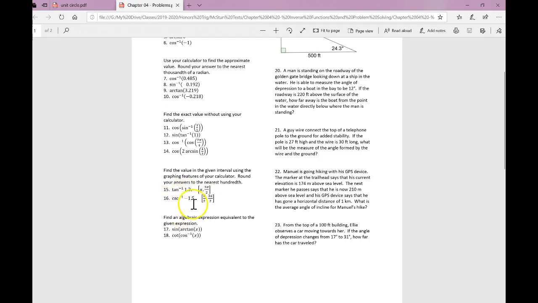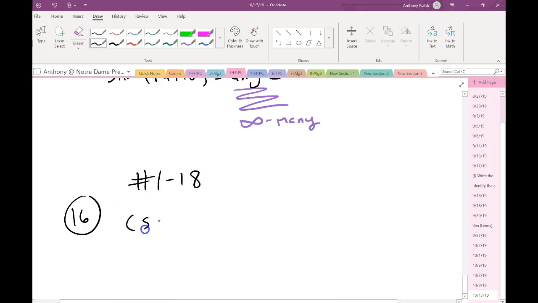Cosecant inverse of negative 1.5. So we did one very similar to this just a moment ago. Which method do you want to do? Do you want to do this by graphing, or do you just want to use the calculator to find the inverse? By graphing, okay?